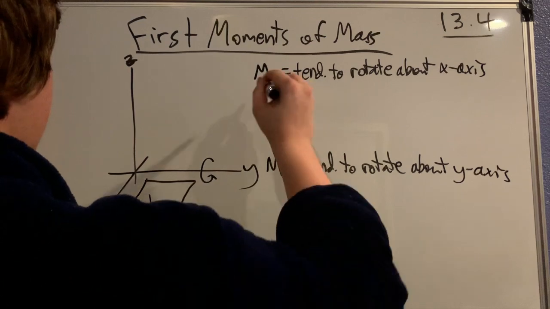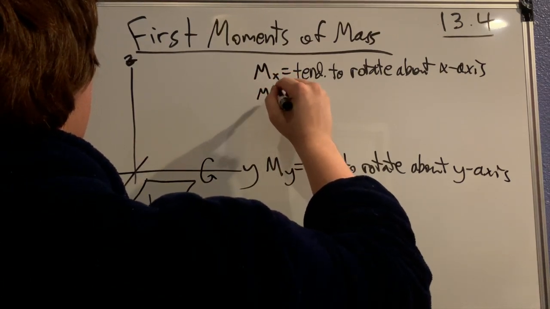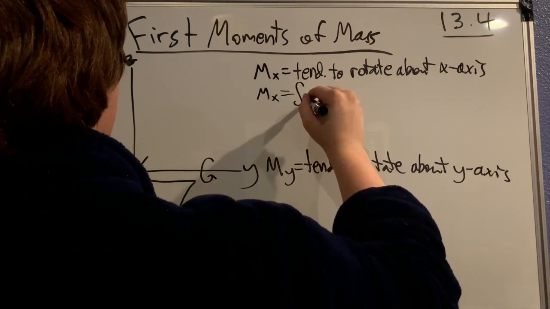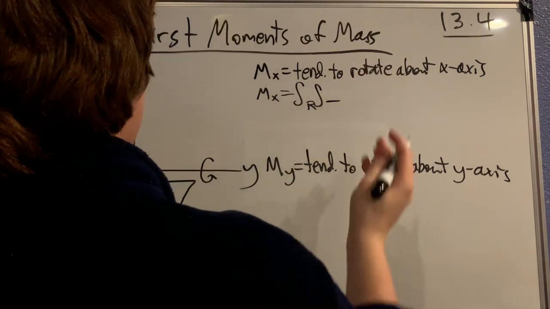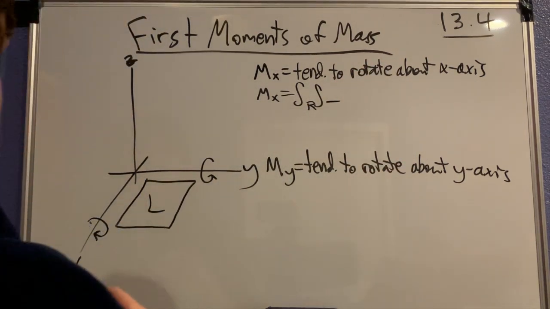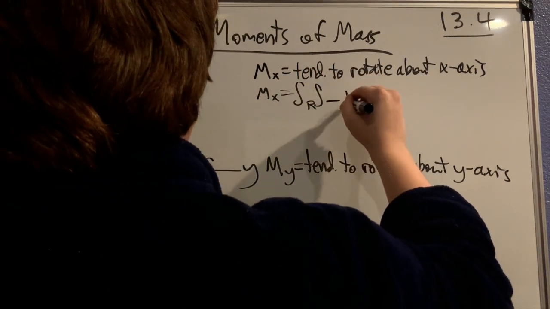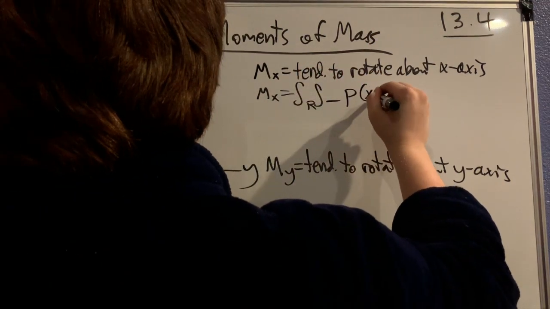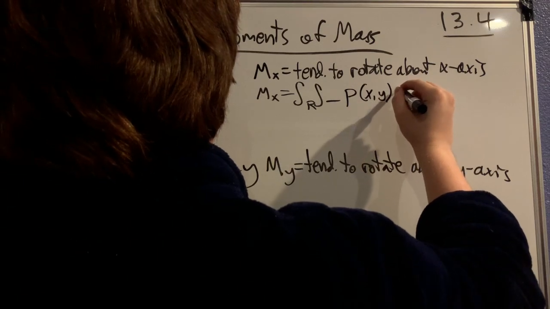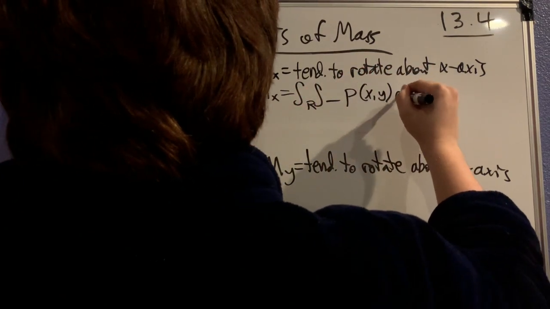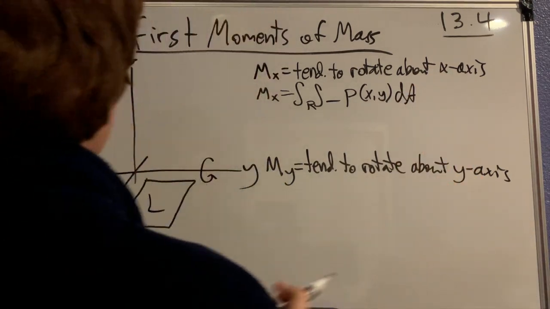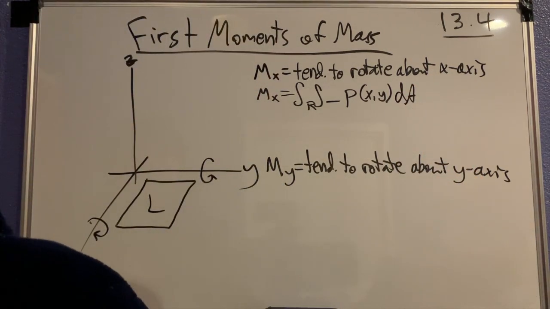Now, the formulas for these look very similar to the formula that Tyler mentioned the last lesson, just for mass. So I'm going to leave a part blank, but if you look at this, everything else about this is exactly the same as the mass formula that Tyler introduced last lesson.